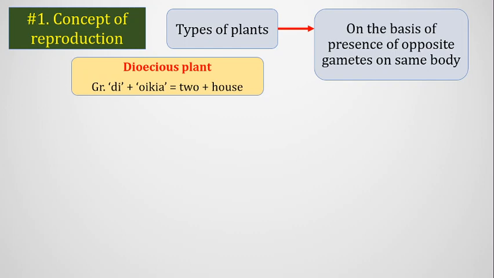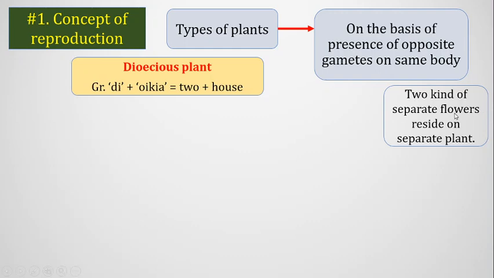Some plants will contain the male flower only, and some plants will contain female flowers only. That means the two types of flowers cannot simultaneously exist on the same plant body. So male flowers will be present on the male plant, and female flowers will be present on female plants. We see such a phenomenon in date palm or khejur gach.